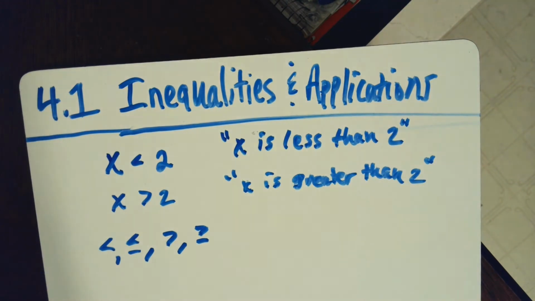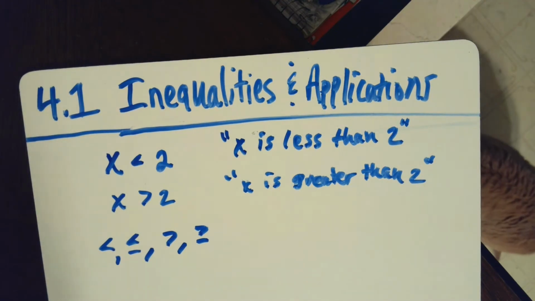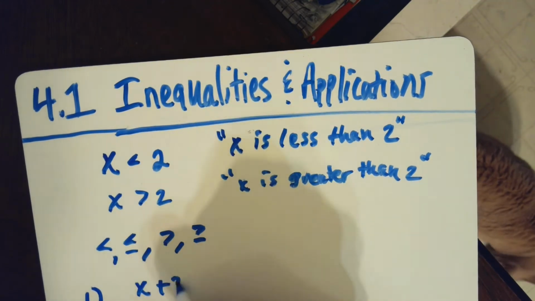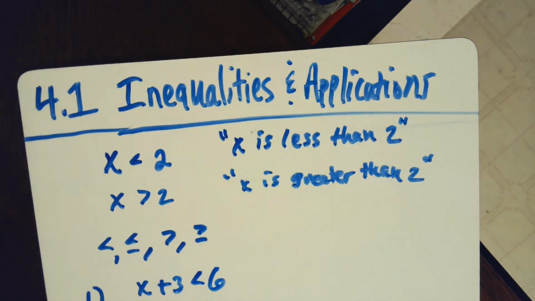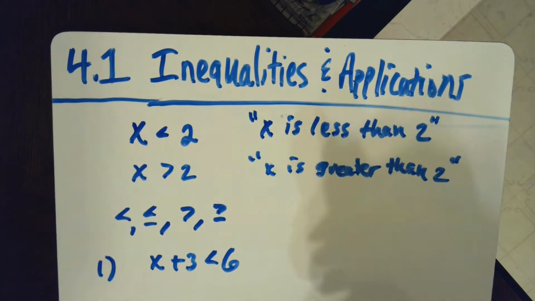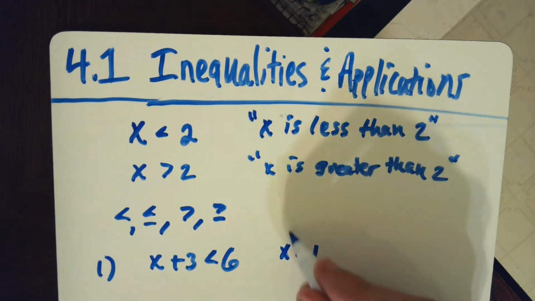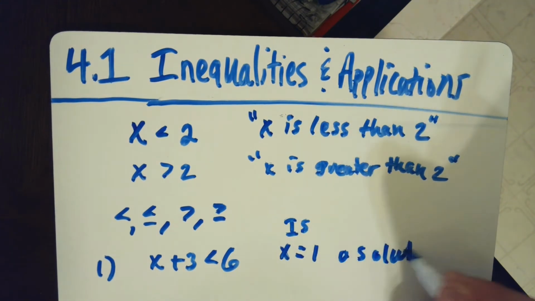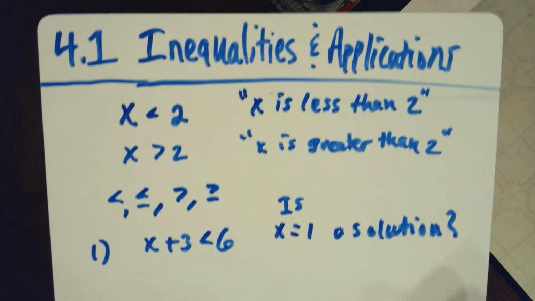All right. So what we'll want to do is talk about solutions of inequalities. To begin, let's say we have x plus 3 is less than 6. Let's say we're given this inequality and they want us to check whether x equals 1 is a solution. If we plug in 1 for x, do we get a true statement or not?